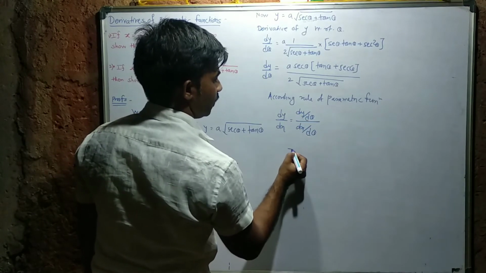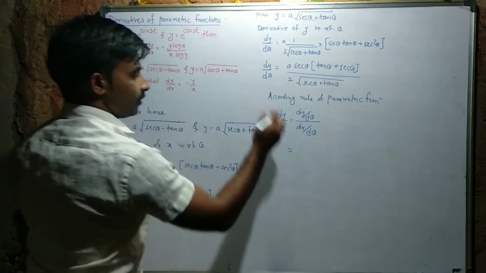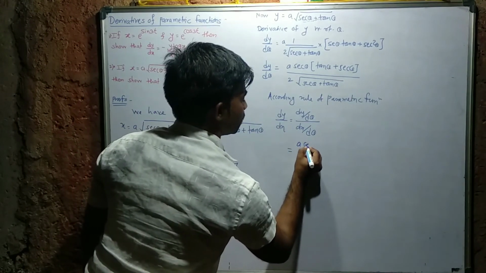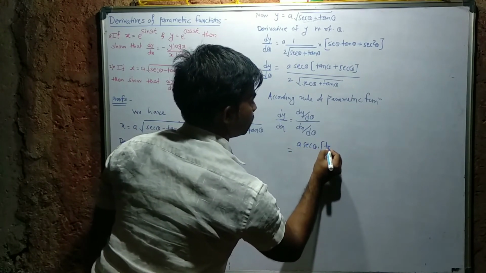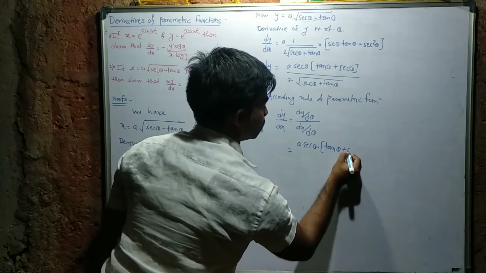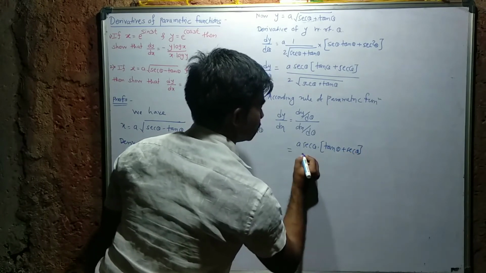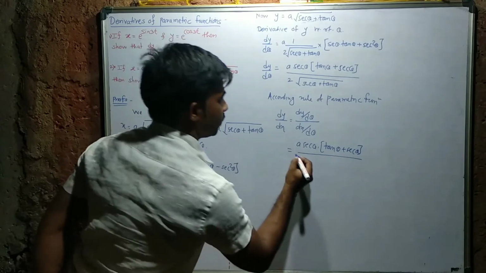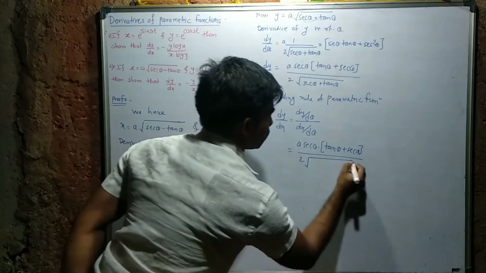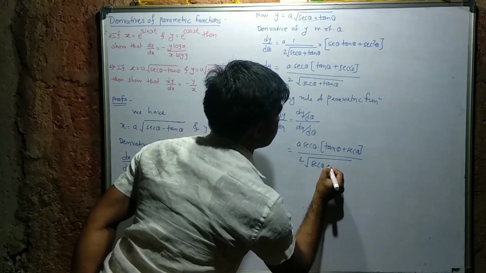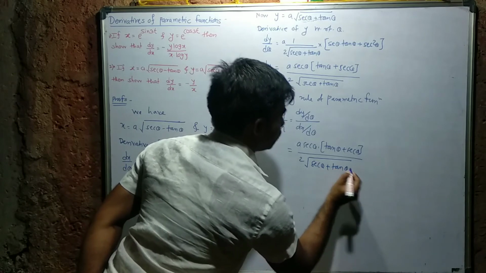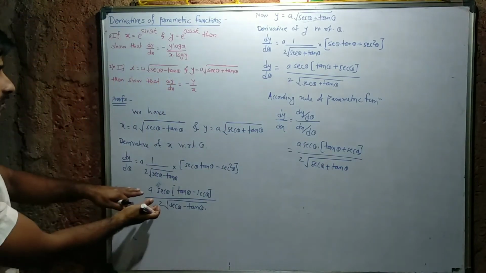Here we put dy by d theta, which is sec theta into tan theta plus sec theta, divided by 2 into square root of sec theta plus tan theta, and the whole divided by dx by d theta.